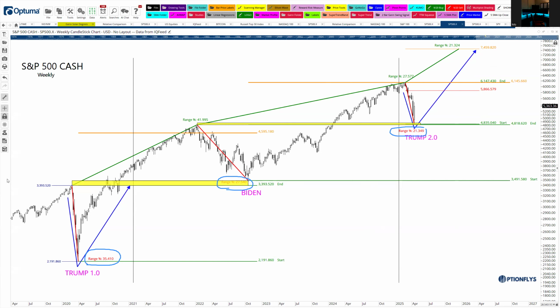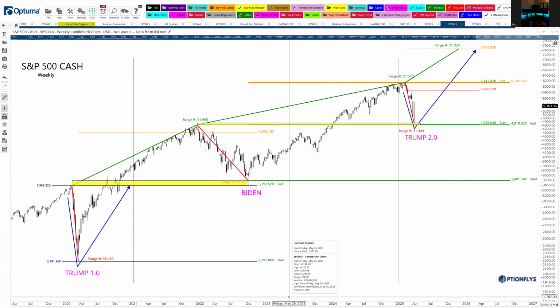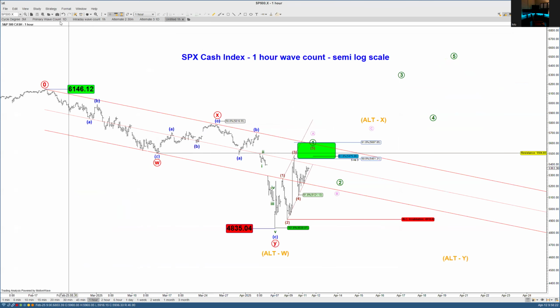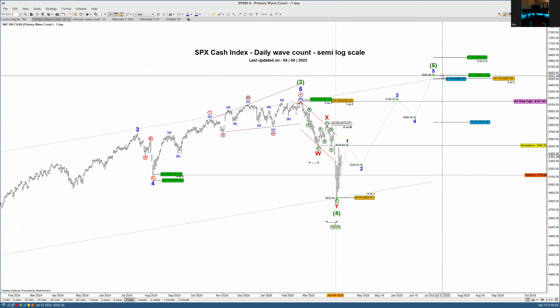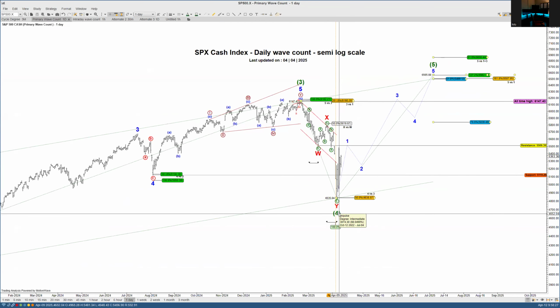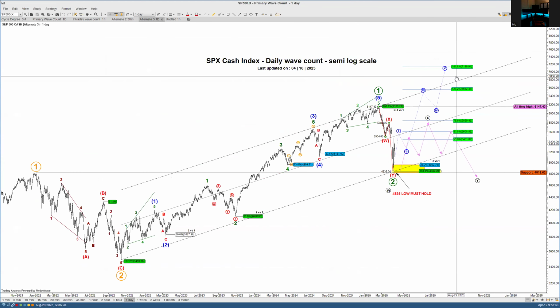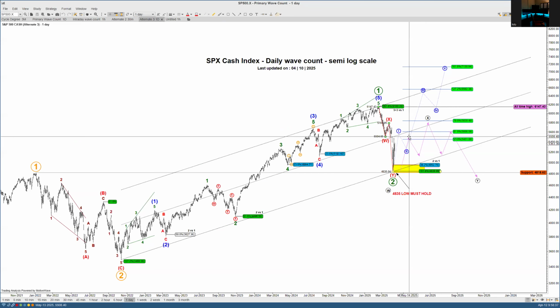If this is the case, either I go with this, keeping them in a fourth wave, or I go with this. Either way is fine. We talked about this last week as well, so it really doesn't matter.